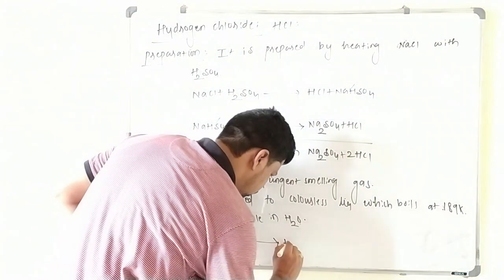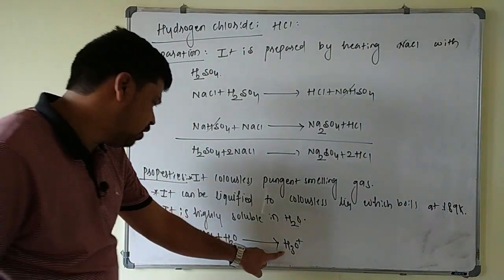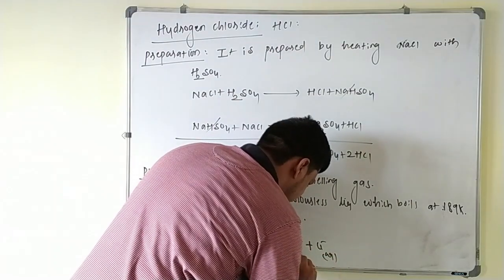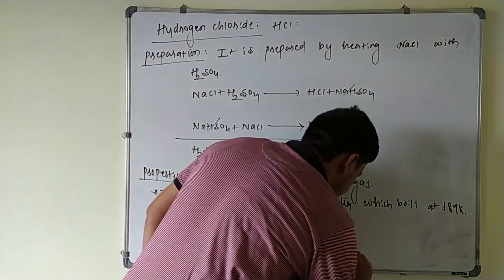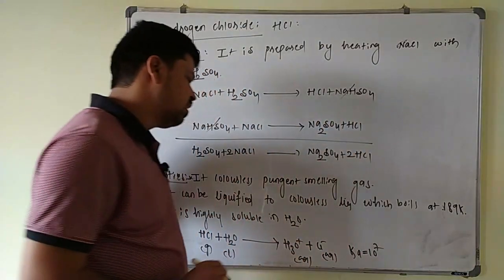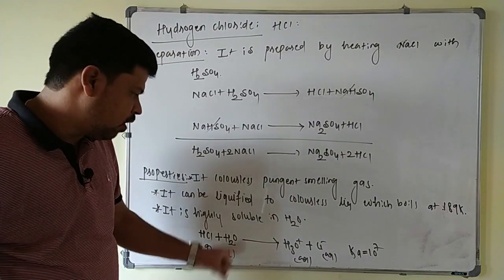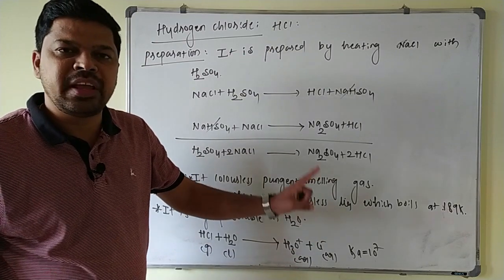So that H plus is taken up by water to form hydronium ion plus Cl minus. This is in the aqueous medium. So for this step, the Ka value is 10 power 7. This Ka value indicates that this HCl is a strong acid in the water. So this HCl in water is called hydrochloric acid.